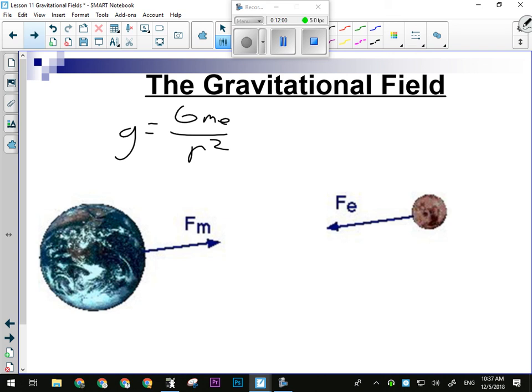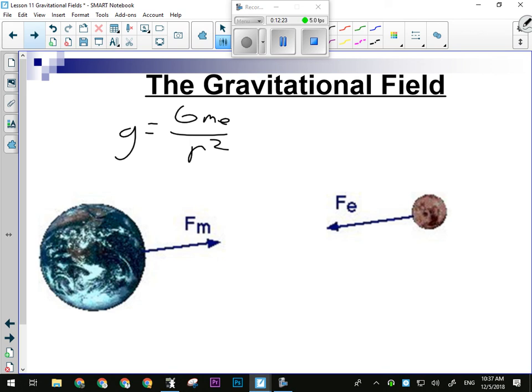So this is a big deal if you're sending people to the moon, because you're going to have this ship that's going to leave the Earth and be in Earth's gravitational field, but it's also going to be in the moon's gravitational field. Now, which one is stronger? Earth's is stronger, depending on where you are.